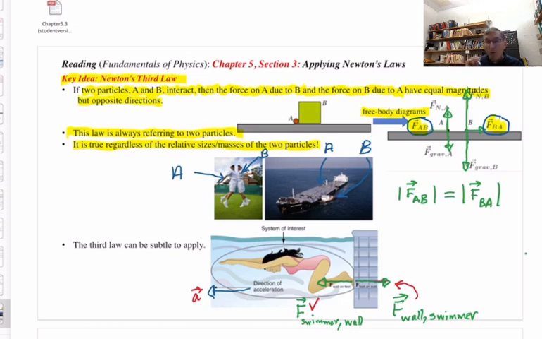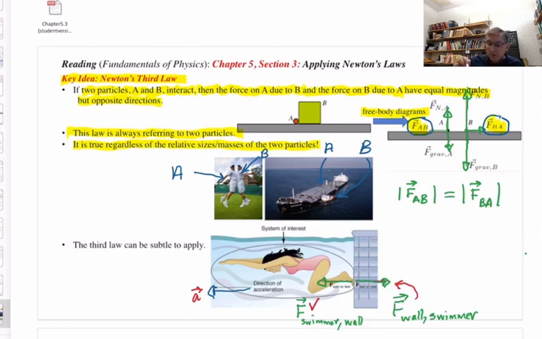And if I observe the wall to have zero acceleration, then it must be true that the net force on the wall is zero. And so there must be other forces on the wall that aren't even drawn here to make the net force on the wall equal to zero.